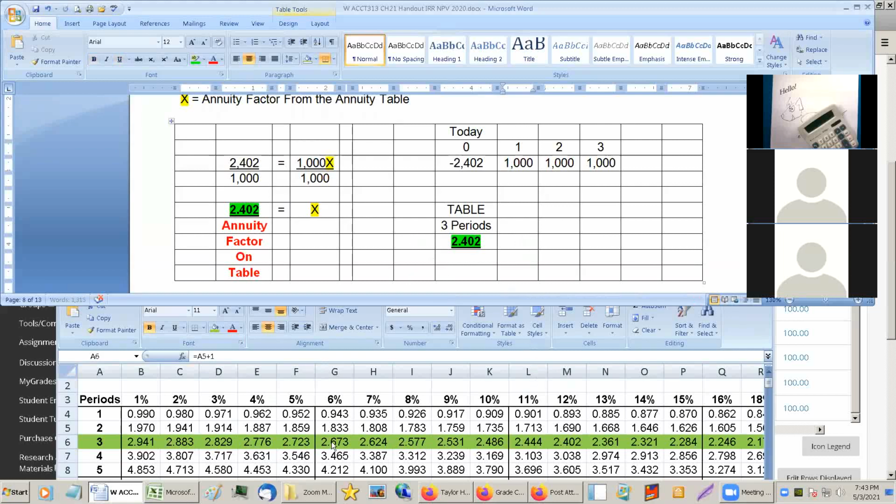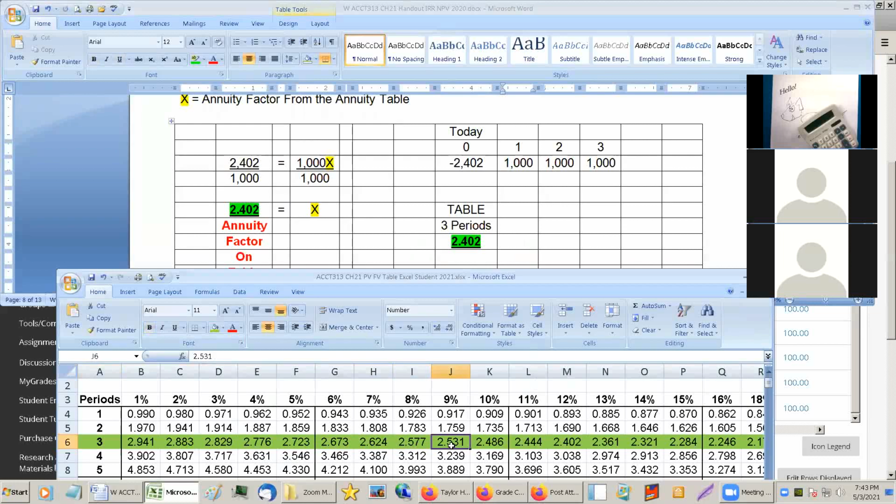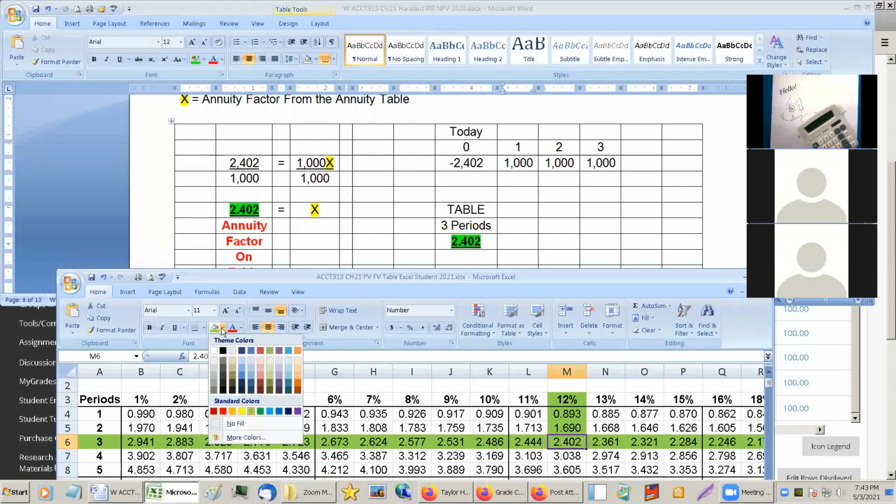And of course, because I made this, I made it come out exactly to 12%. So our internal rate of return is 12%.